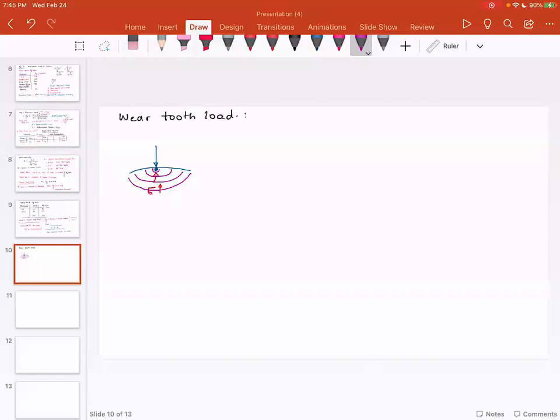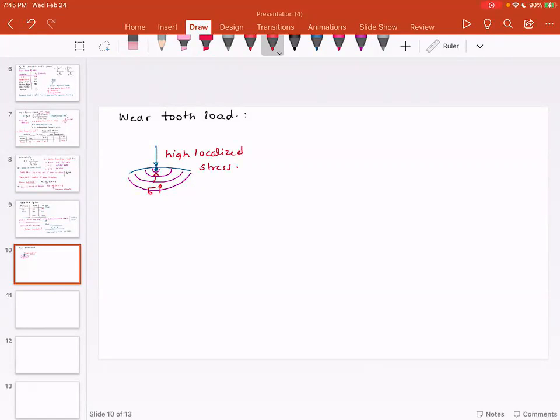The stress wave or the stress lines disperse as you go away from the load. What it means is there is very high localized stress.